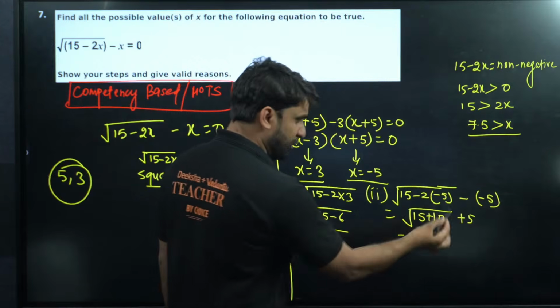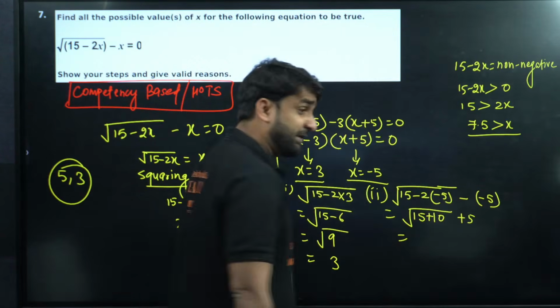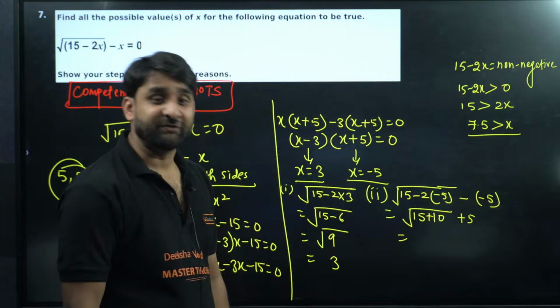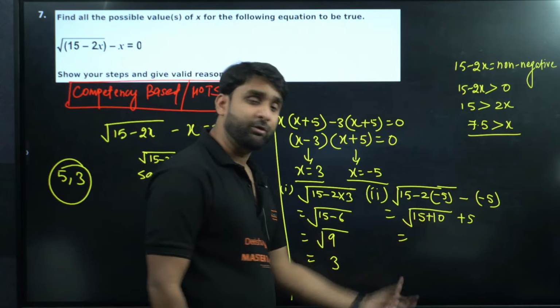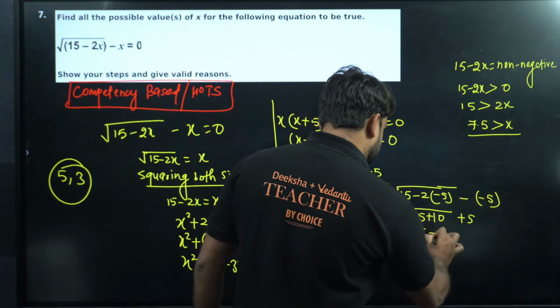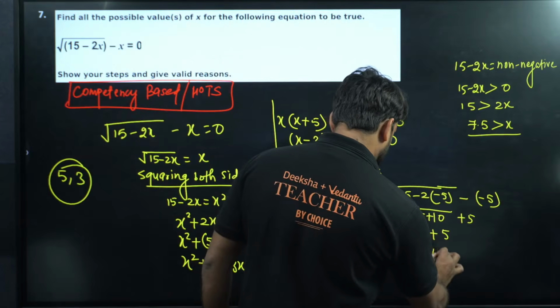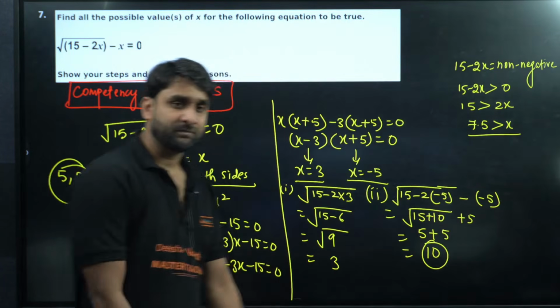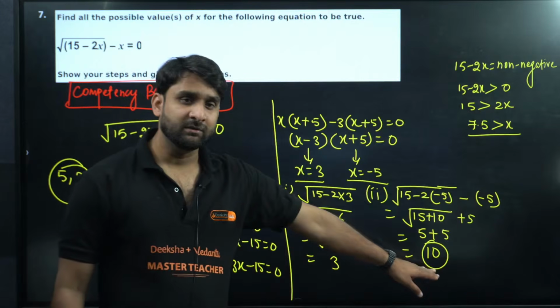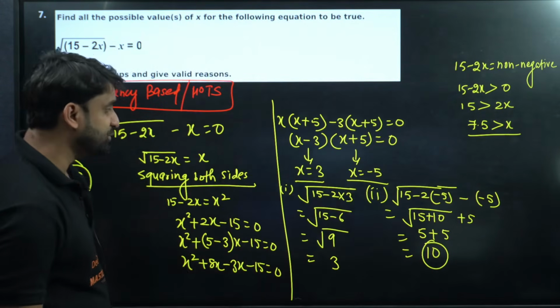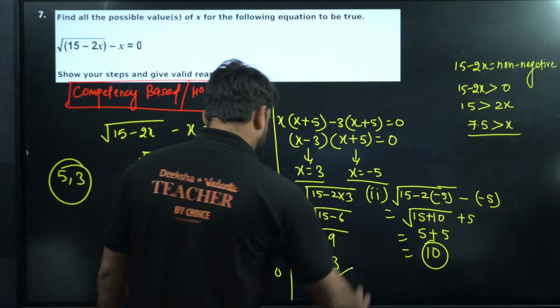So under root 10 plus 15 will be 25, and root 25 will be 5. So this is 5 plus 5, which is equal to 10. Not satisfying. So x equals minus 5 is not satisfying. So the value will be plus 3. This is the answer.